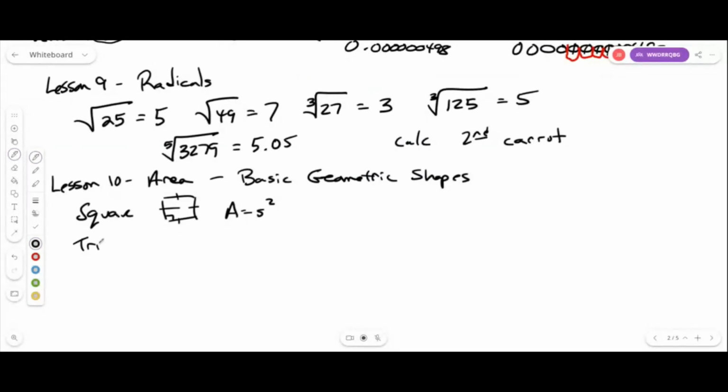We did a triangle, and we learned that the area formula for a triangle was 1/2 base times height.